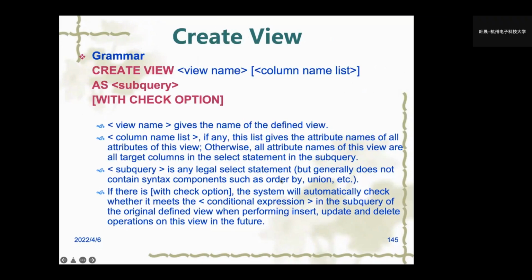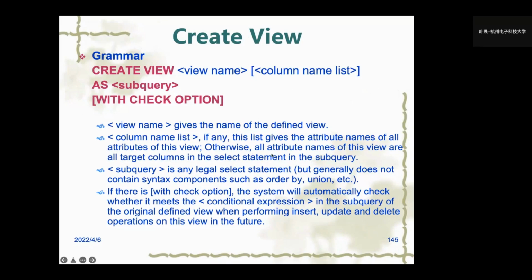And then let's see how to create a view. The grammar is create view. Here we can give a view name, and here we write the column name list. This column list, if present, gives the attribute names of all the attributes of this view.